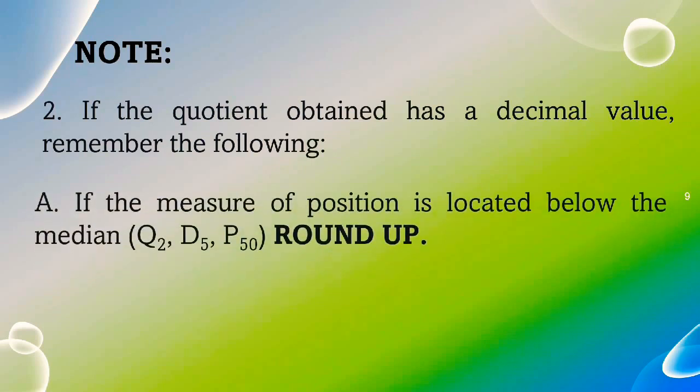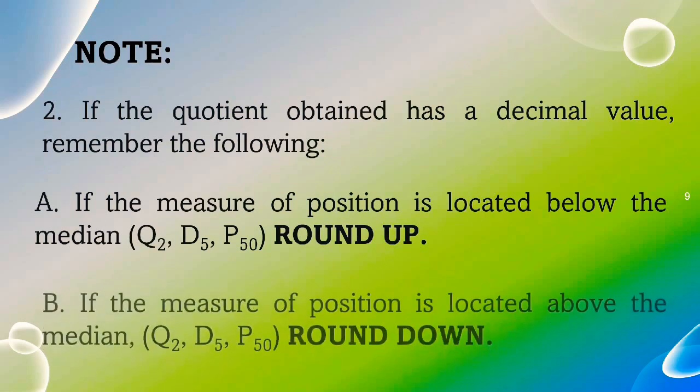So first, if the measure of position that we are looking for is located below the median, namely the second quartile, the fifth decile, and the 50th percentile, what we are going to do is to round up the value.